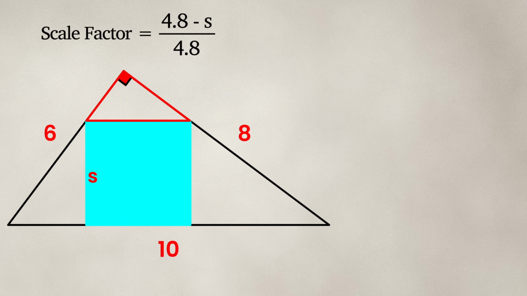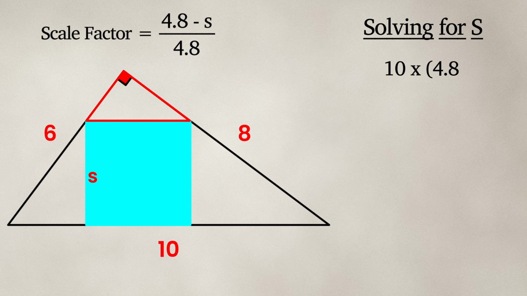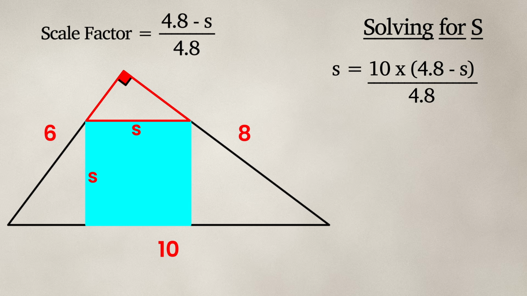We know the big triangle's width along the hypotenuse is 10, so the small triangle's width along its base must be 10 times 4.8 minus s, divided by 4.8. And the small triangle's base is the top of our square, and the top of the square has a length of s. So we can write s equals 10 times 4.8 minus s, divided by 4.8.